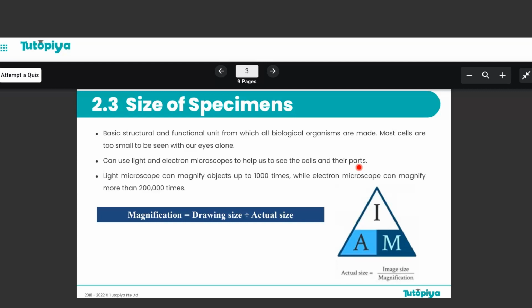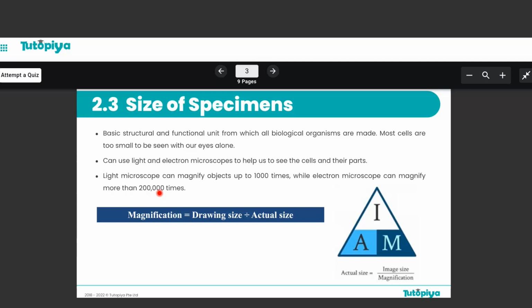So what we see through the microscope is an enlarged image of the tiny little structure. Light microscopes can magnify objects up to 1,000 times, while electron microscopes can magnify more than 200,000 times the actual size.